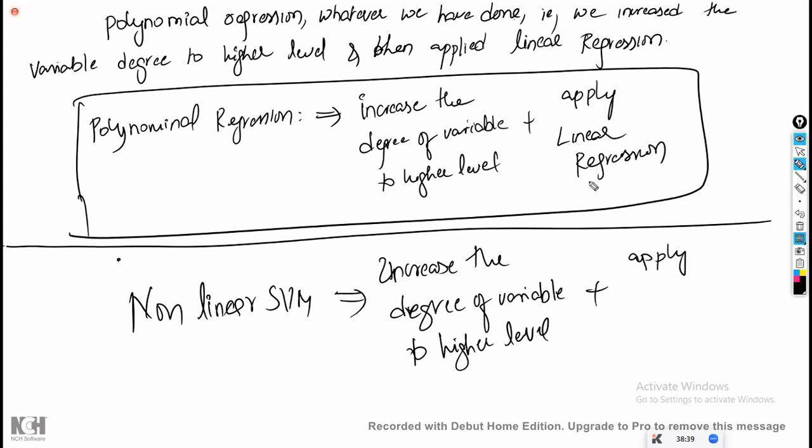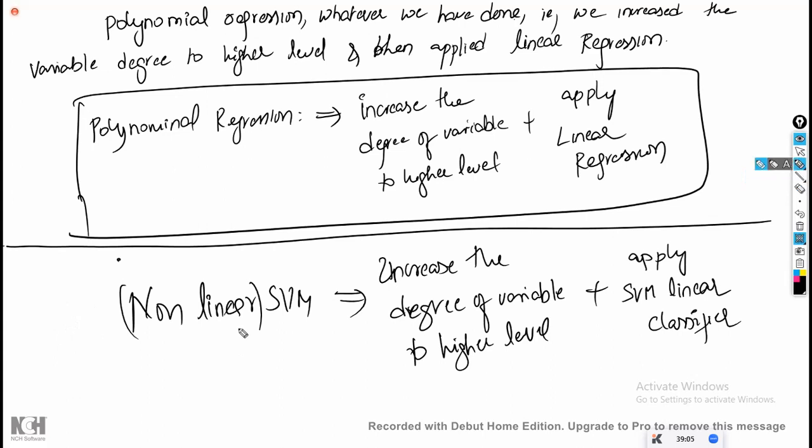Instead of linear regression, what you have to apply is the SVM linear classifier. This is called nonlinear SVM.